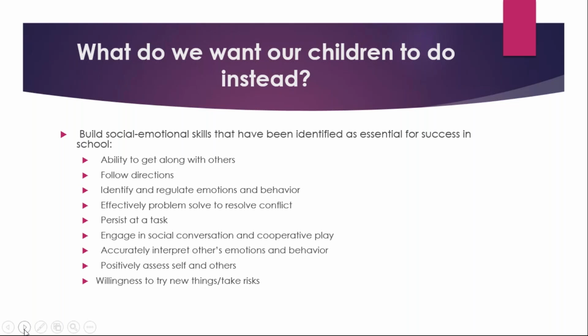They're able to identify and regulate emotions and behaviors. And we want our kids to be able to follow directions. So this list is nothing like the previous list where we talked about the behaviors that challenge you the most. This is what we want instead of those behaviors that challenge you most.